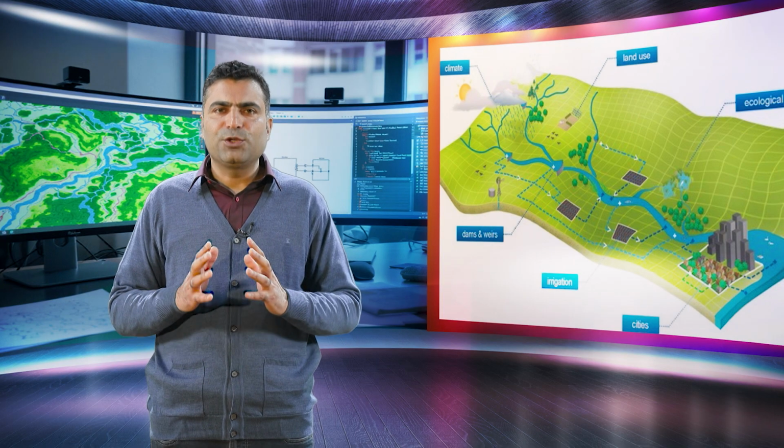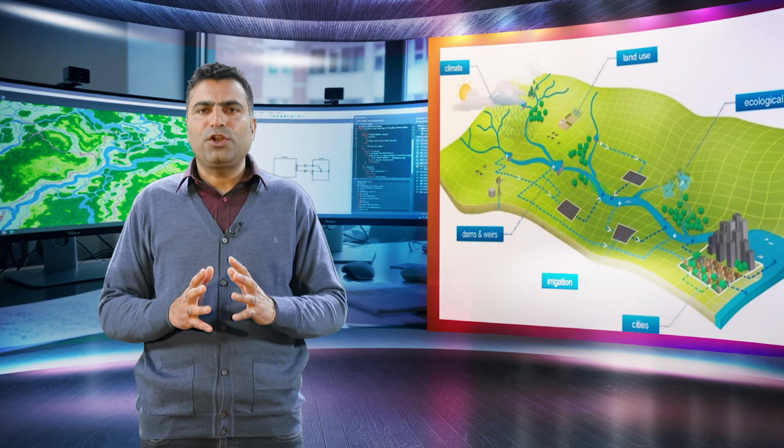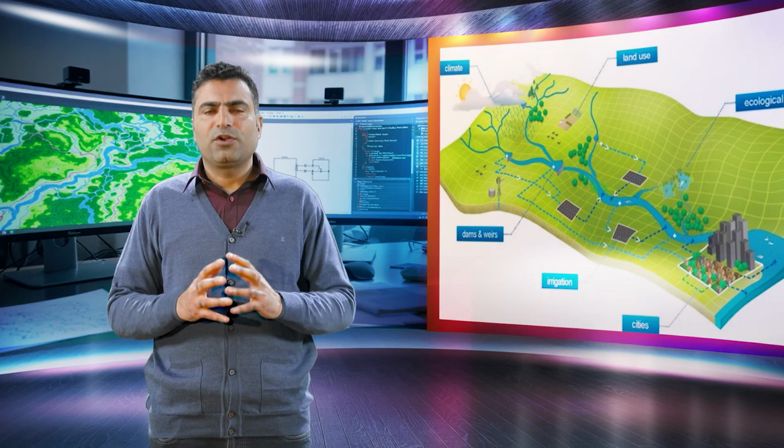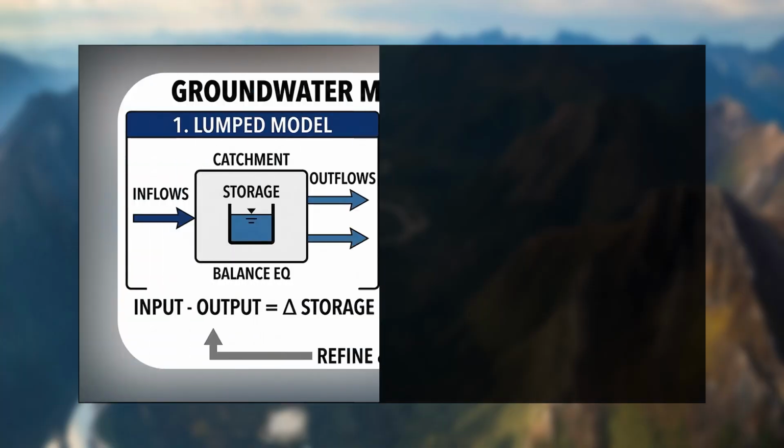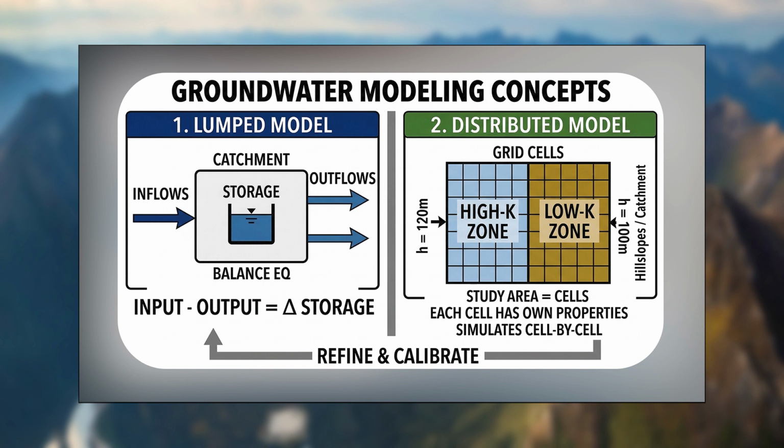They typically utilize the simple continuity equation that we already talked about. So far as distributed systems are concerned, these models account for spatial variations within the system. They divide the study area into grids or meshes to simulate how properties like pressure or hydraulic conductivity and processes vary from point to point.